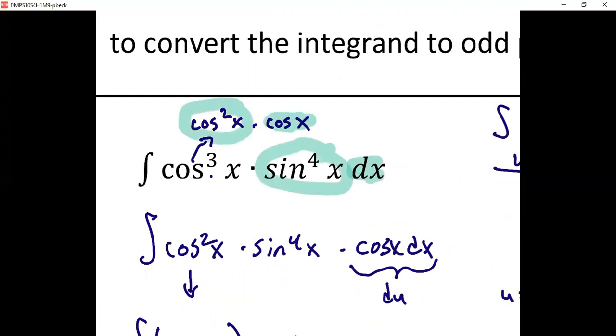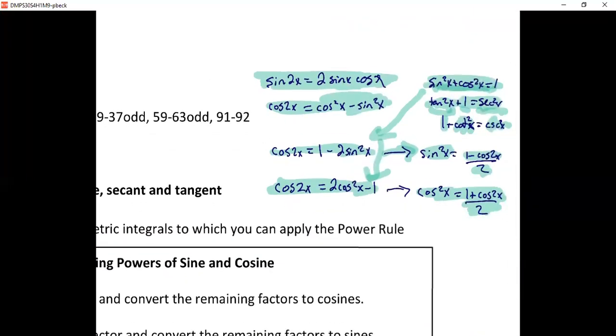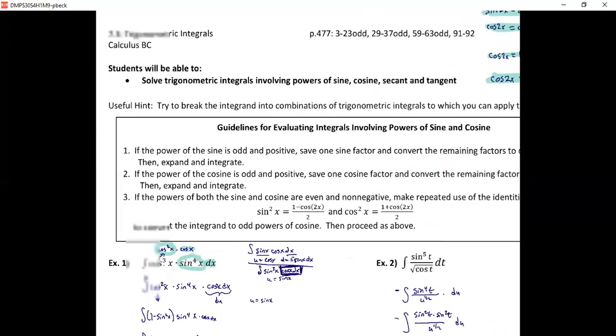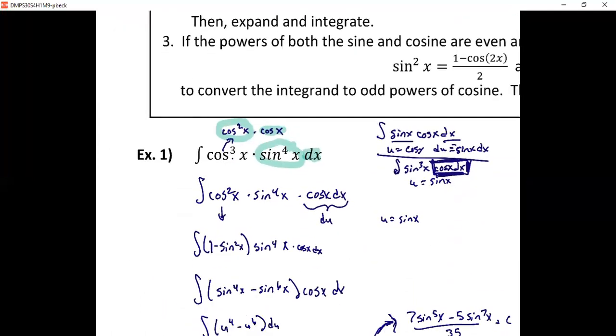The reason why I care about even powers is because we can turn sine squareds into cosine squareds and cosine squareds into sine squareds using this almighty Pythagorean identity, sine squared plus cosine squared equals 1. So our hope is one of these is odd, one of these is even, and when we go to do our u substitution, u is going to end up being the even exponent, because the odd exponent then becomes a chain, making that even, so we could turn it into 1 minus sine squared.